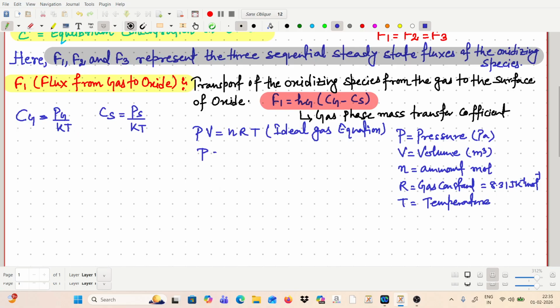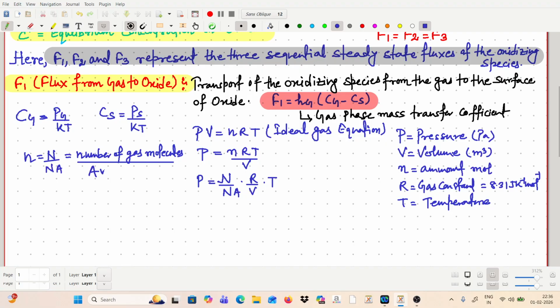So one can simply write P equals nRT by V. Now once again, this small n can be written as N by Na, so P equals N by V into R by Na into T. One more formula that we are going to write: n equals capital N by Na, where N is the number of gas molecules upon the Avogadro number. Okay, we are going to prove this one.